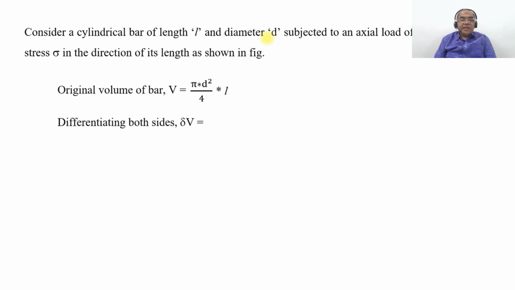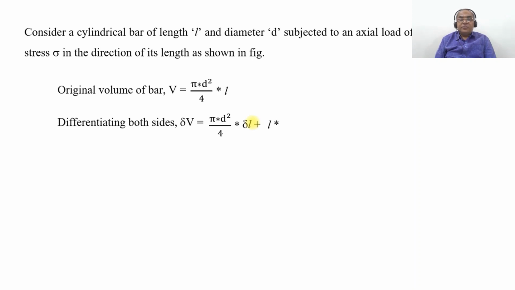Differentiating both sides, we have delta V equal to pi by 4, pi d square by 4 into, this is the formula of u into v, where u into dv by dx plus v into du by dx. So the first function into differentiation of the second function, which is delta L, plus the second function, which is L, into differentiation of the first function.